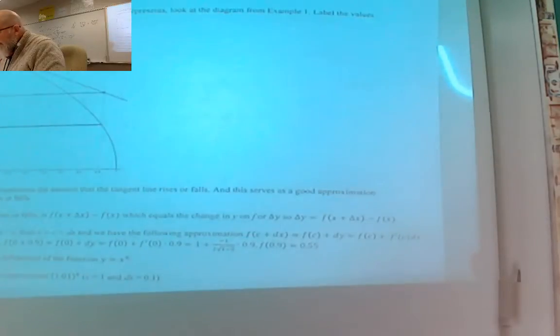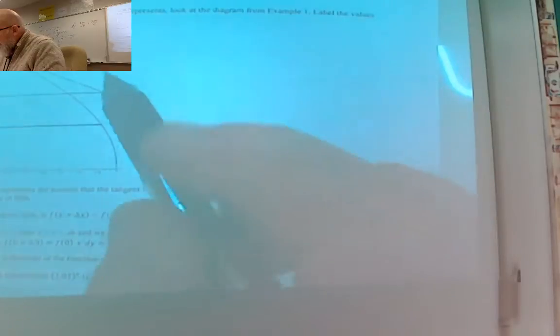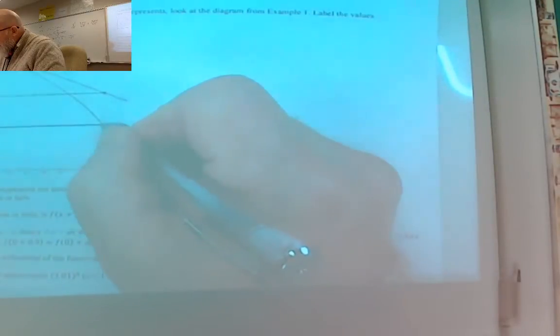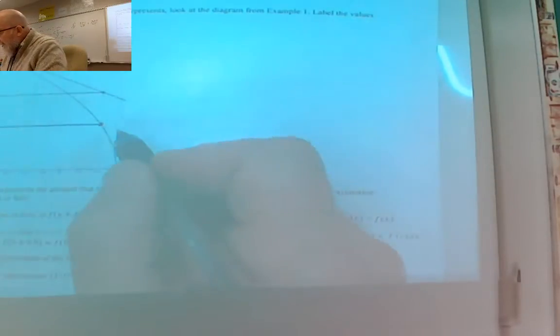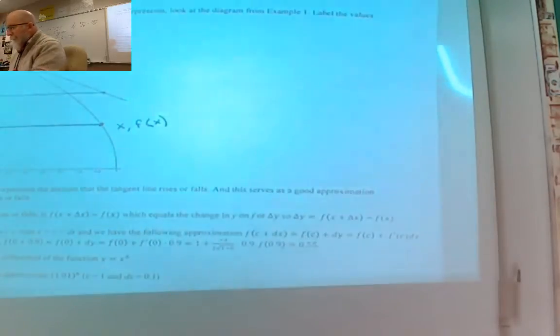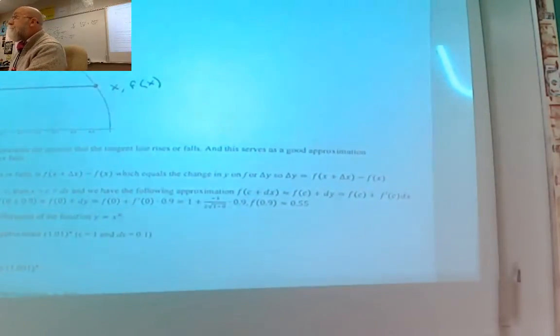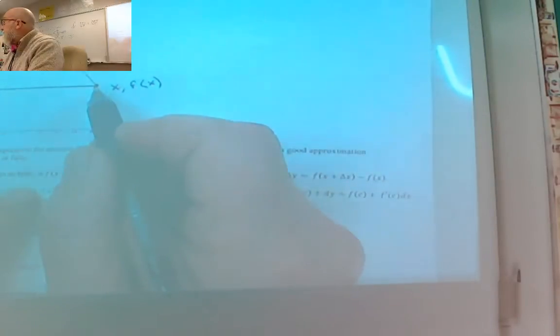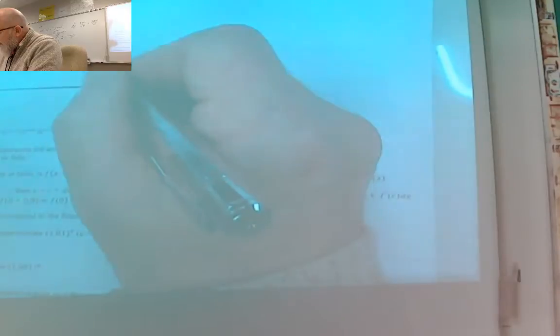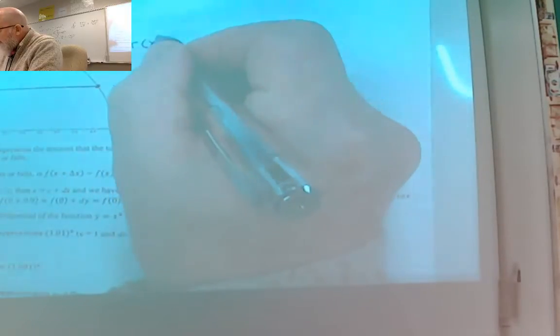So, this right here is our point, correct? This is x, comma, f of x. Why do I know it to be the case? Because it's on the function, isn't it? Right? This right here is x comma t of x because it's on the tangent line.